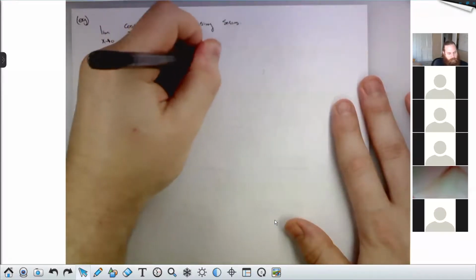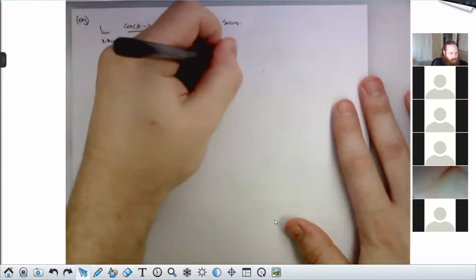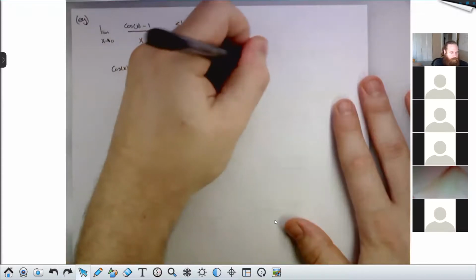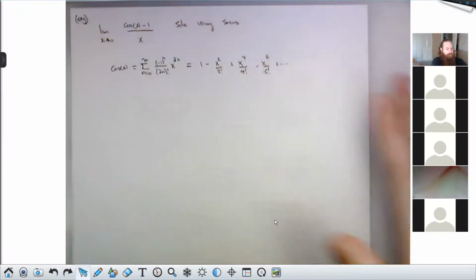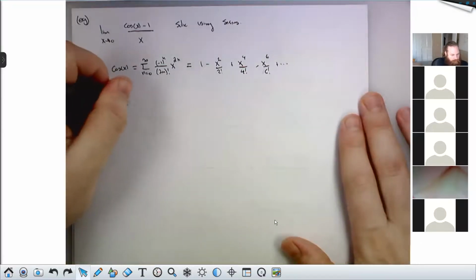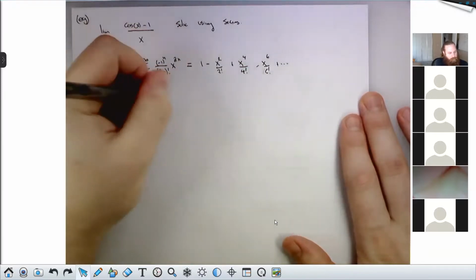When n is 1, you get minus x squared over 2 factorial, and then plus x to the 4 over 4 factorial, minus x to the 6 over 6 factorial, and so on. Which means cos x minus 1 is all this stuff minus 1.